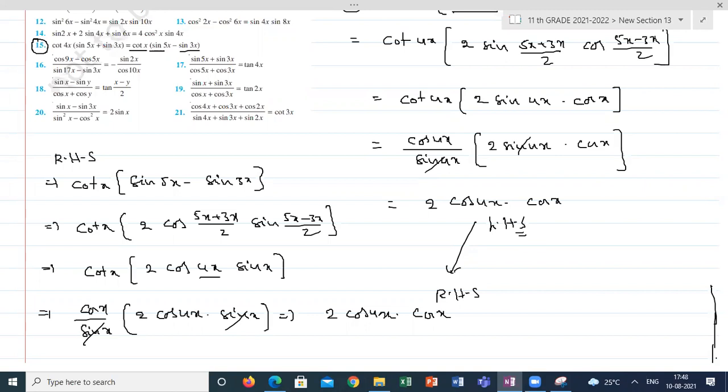Guys, hope you are clear about the strategy, how I solved this question. Might be you people are having different strategies. I can accept if you have any other methods. Students, anyone having any different methods to approach this question? Students, please respond, guys.